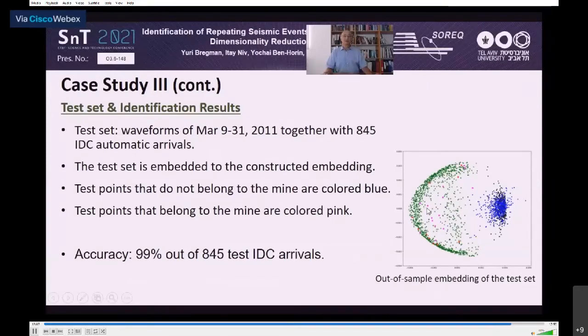Here, the points that do not belong to the mine are colored blue. The points that belong to the mine are colored pink. The result is an accuracy of 99% on our about 200 test IDC arrivals.